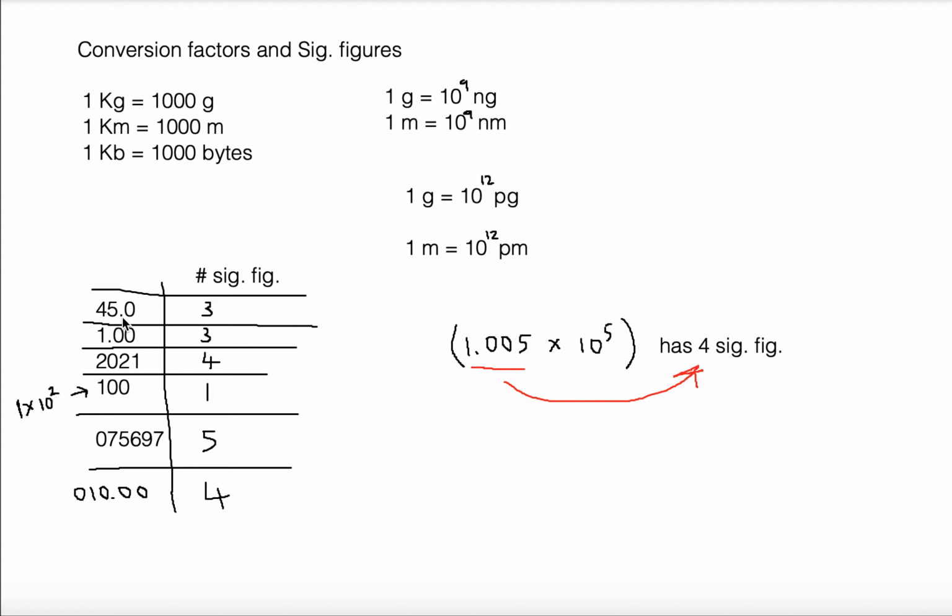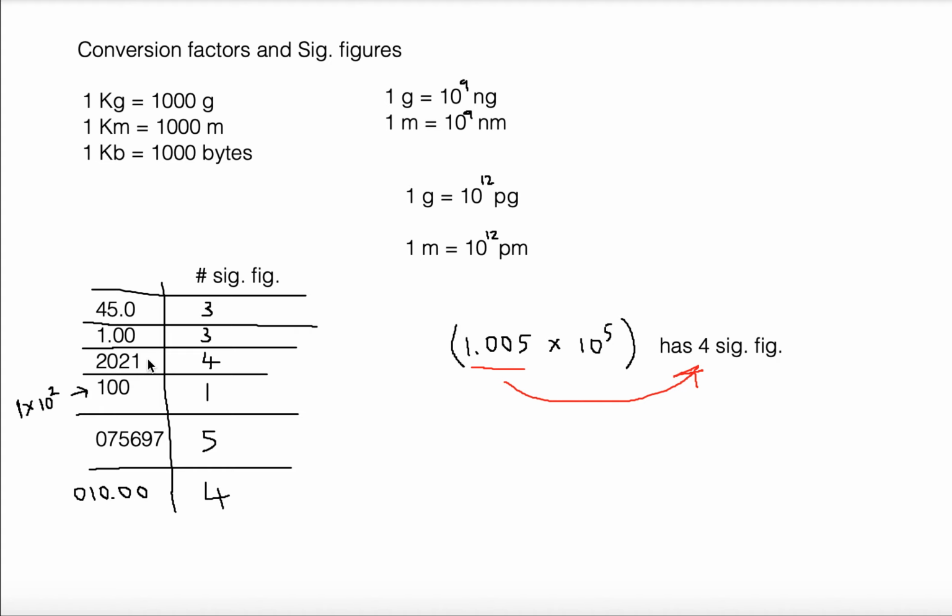This number is precise to one decimal place. 1.00, those two zeros have no quantity. However, they tell us the precision, 1.00 to the second decimal place. That's why we count them, so it has three significant figures.